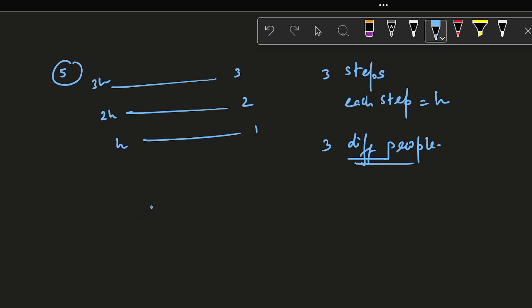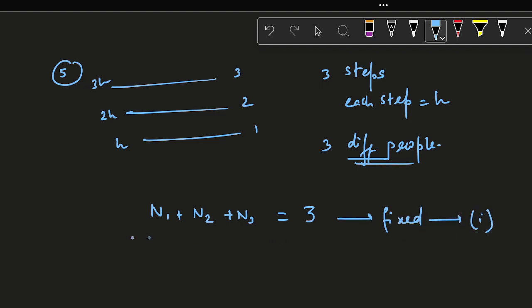First of all, the total number of people: let's say the number of people in each stair is n1, n2 and n3, because there are 3 steps. So if n1 is the number of people in step 1, n2 is the number of people in step 2 and n3 is the number of people in step 3, then the total number of people is fixed at 3. You cannot go beyond or lower than that. That is fixed.